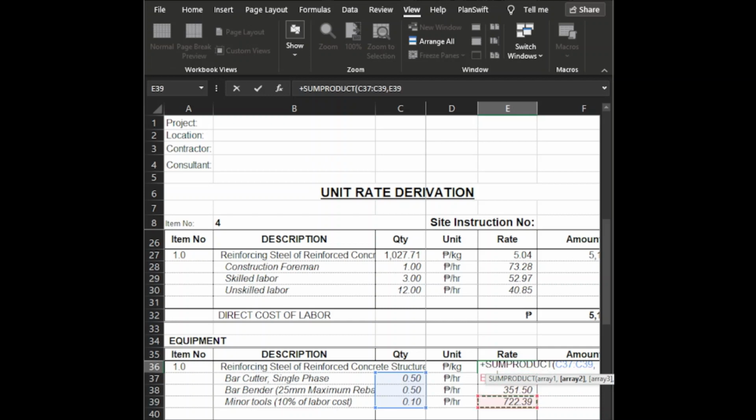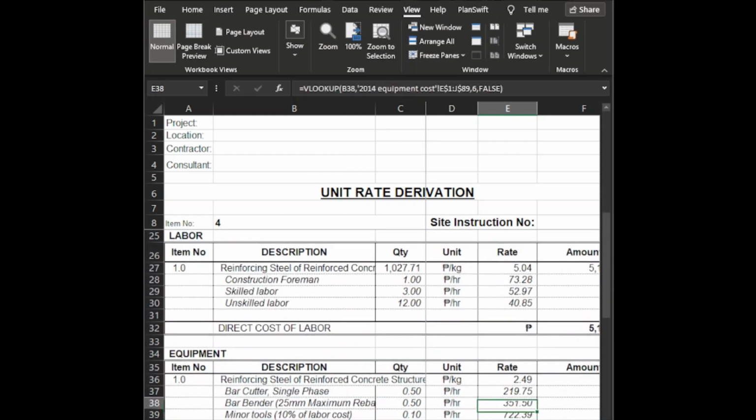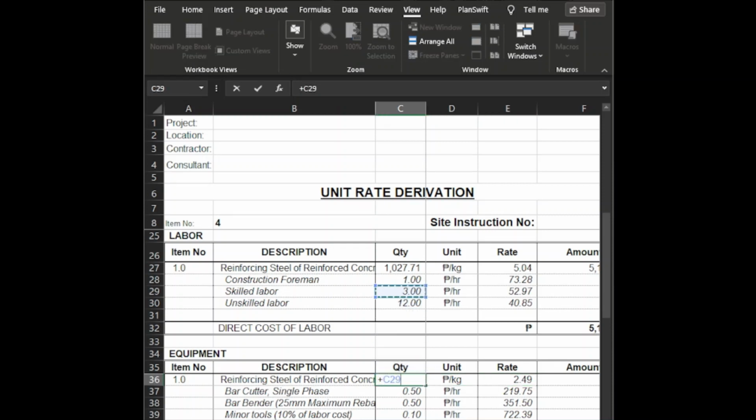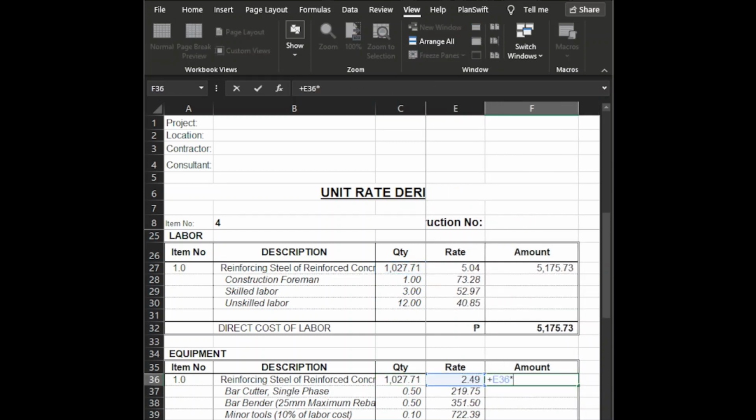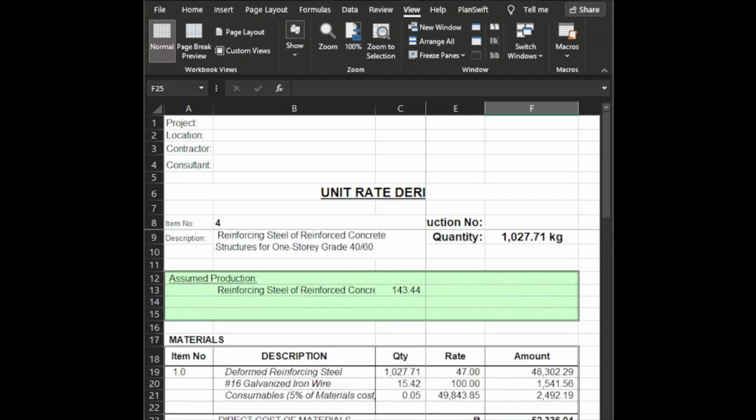Then we will divide it by our assumed production. Then we have 2.49 peso per kilogram. We will link our quantity and multiply it to the rate. So our amount is 2,564 for our equipment of 1,027 kilogram of steel.